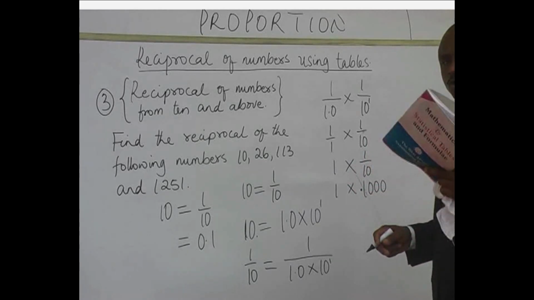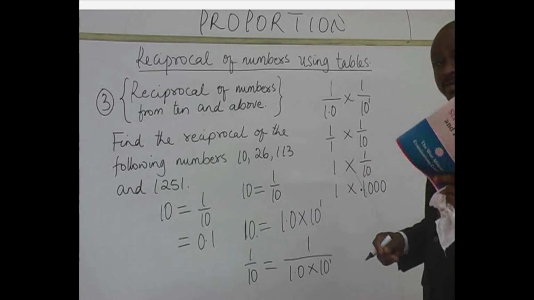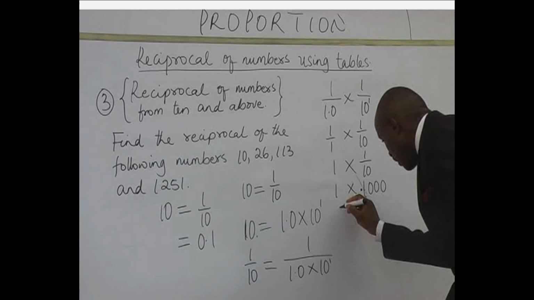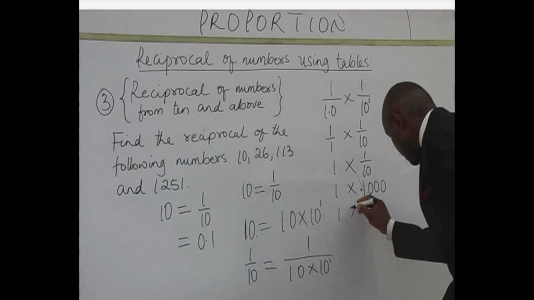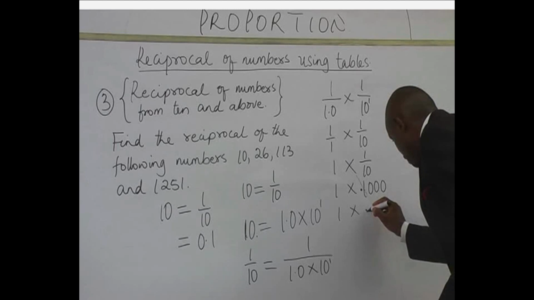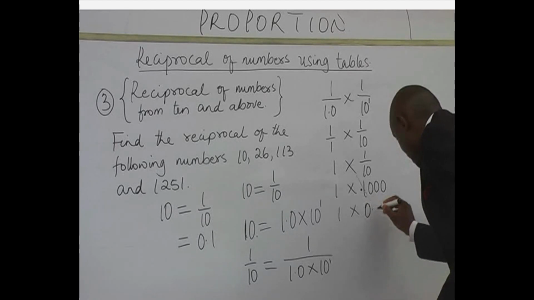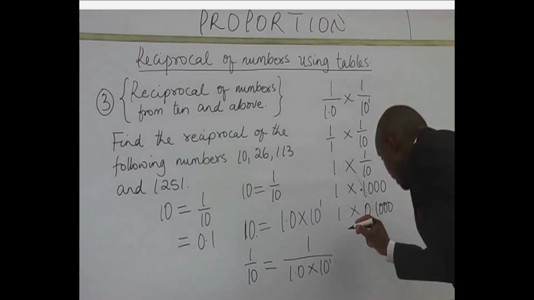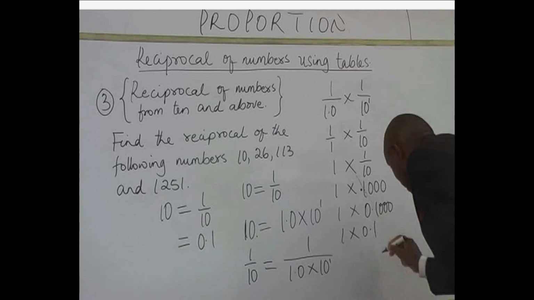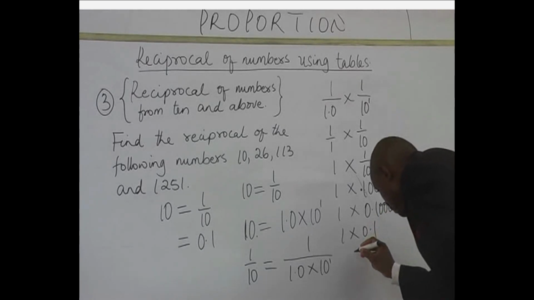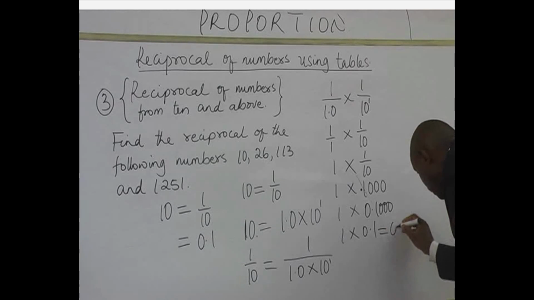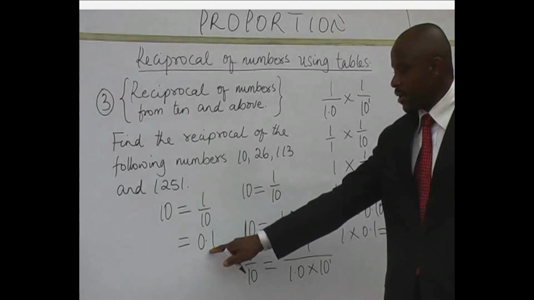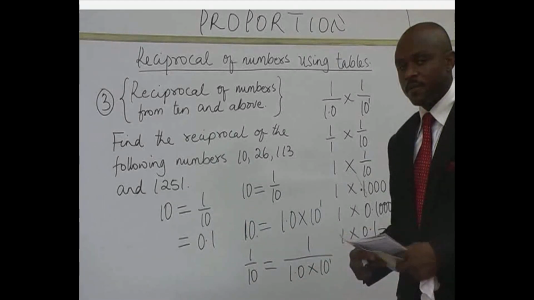This means 1 times 0.1000, and 0.1000 means 1 times 0.1. And 1 times 0.1 will give you 0.1, which is exactly the value we got when we used the calculator to find the reciprocal of 10.